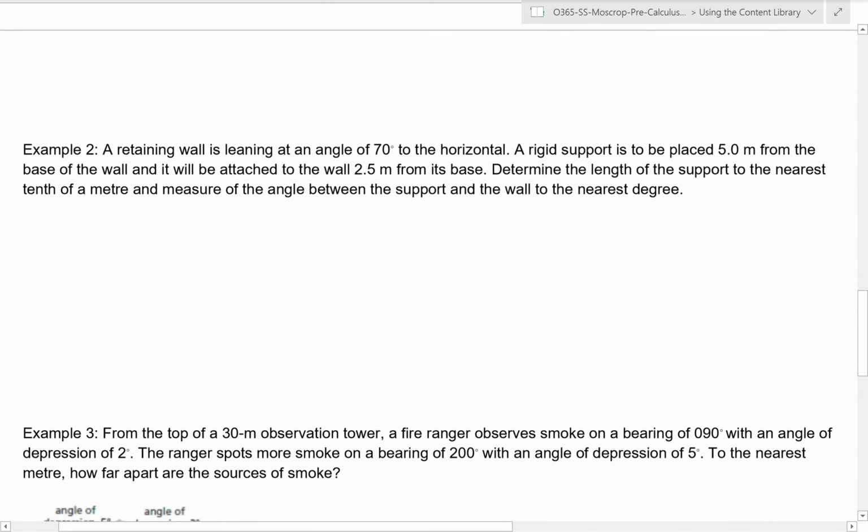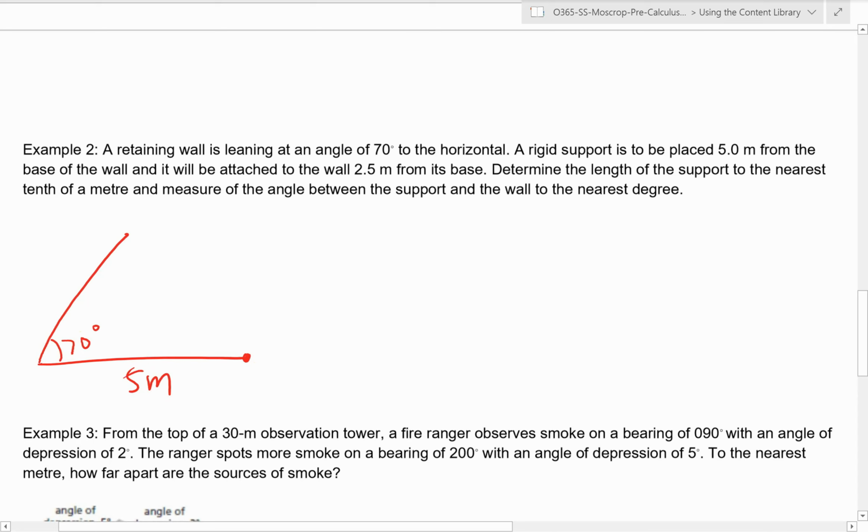Here it says a retaining wall is leaning at an angle of 70 degrees to the horizontal. So here's the horizontal. We have a wall that's leaning towards the horizontal. This is 70 degrees. Well, it's falling down, so we must have a support. So it says a rigid support is to be placed 5 meters from the base of the wall. So here's the support, and let's say this is 5 meters.